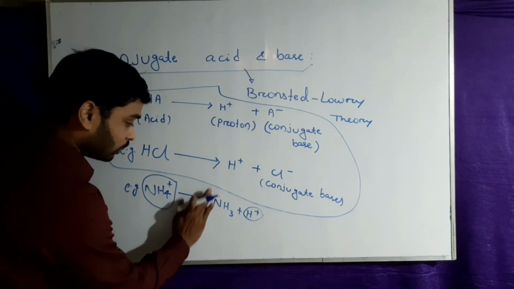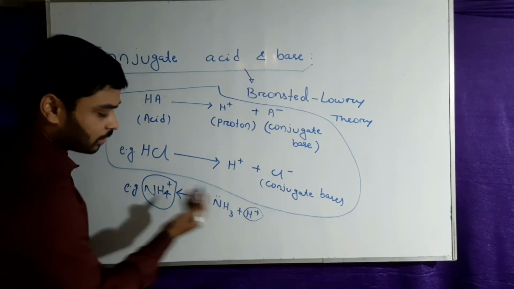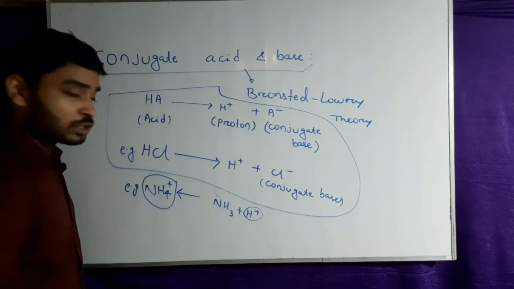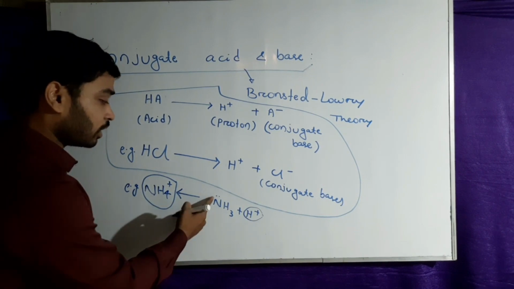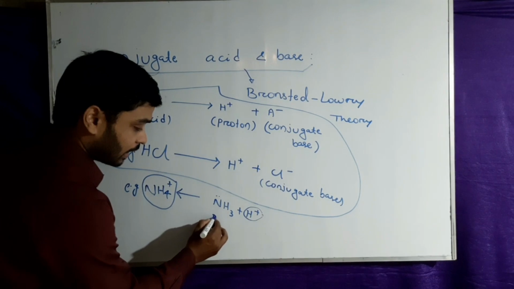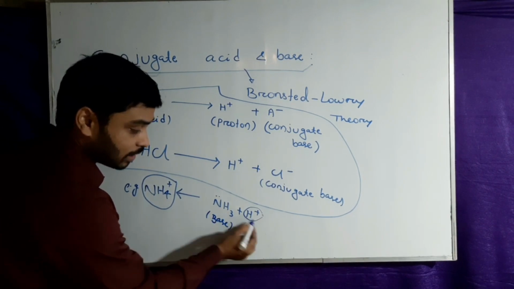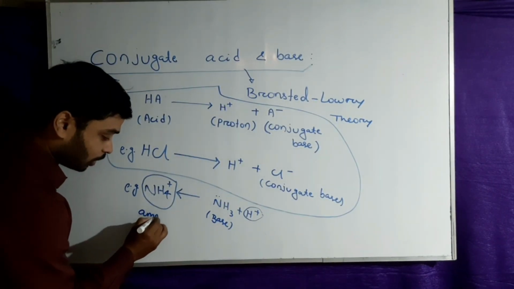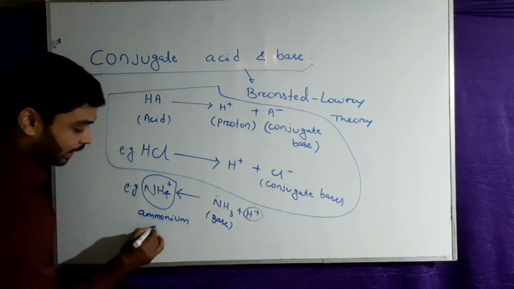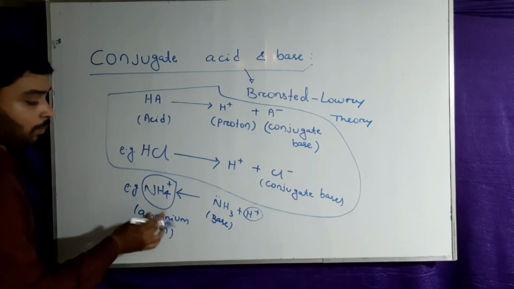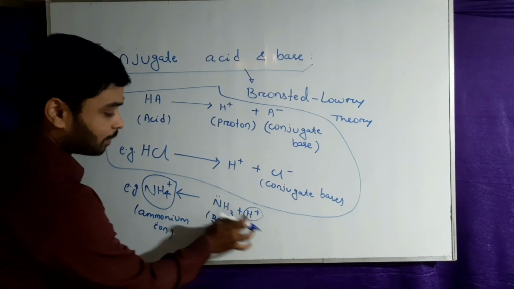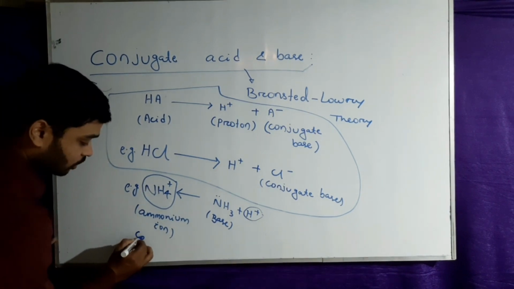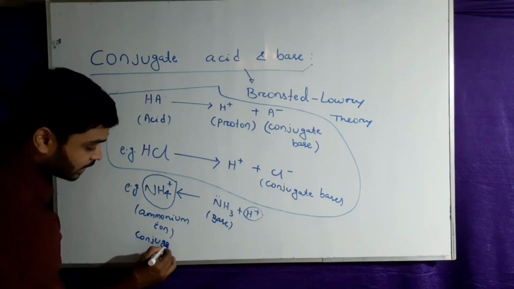You know that here a dative bond gets produced, and NH3 is called a base, and after receipt of the H plus ion or proton, it results in the formation of ammonium ion. Due to the formation of NH4 plus ion by receipt of H plus ion, it is called the conjugate acid.